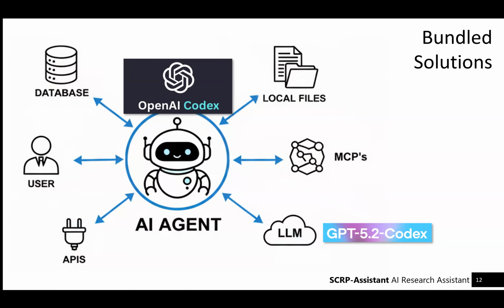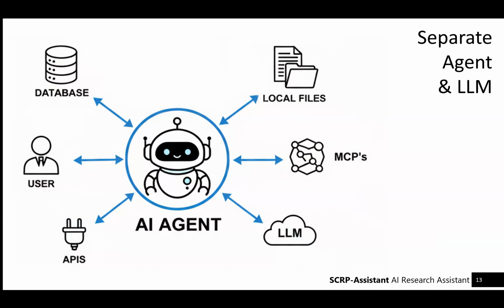So these come in bundles. You pay once, and they come in a pair. However, it's not a requirement for this to be bundled, because you could have a separate agent and LLM.